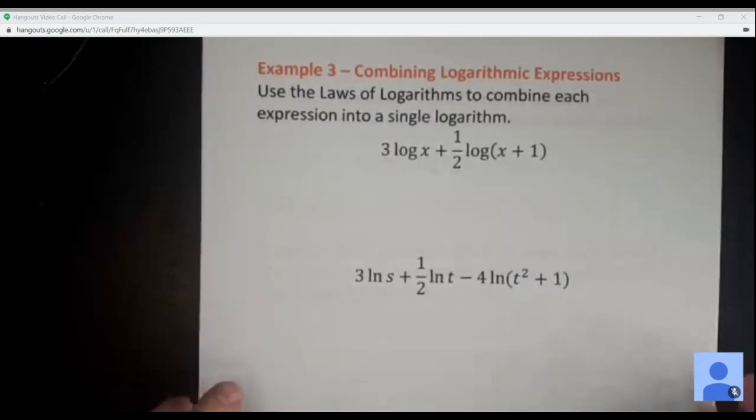All right, so we're going to use those laws again here. Think about what we could do to actually combine these into a single logarithm.